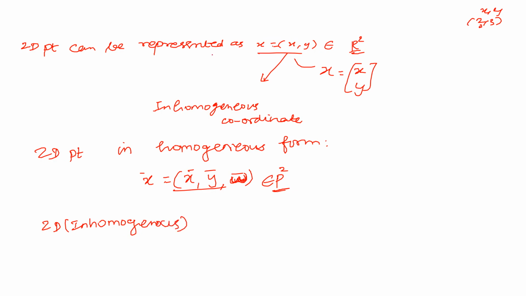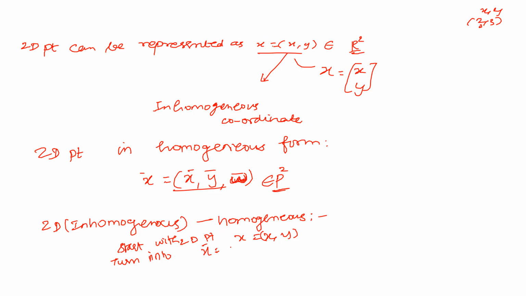Let us see how to convert inhomogeneous to homogeneous. First, let us start with the 2D point x equal to (x, y), and we have to turn it into x bar, which has three parameters: (x, y, 1).